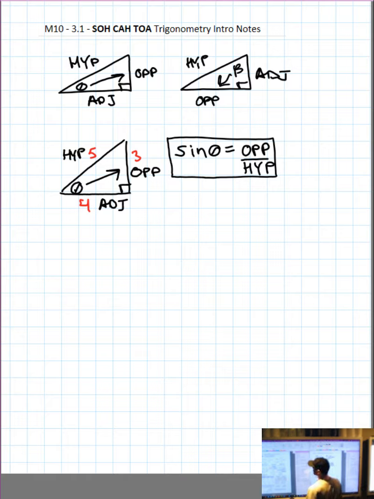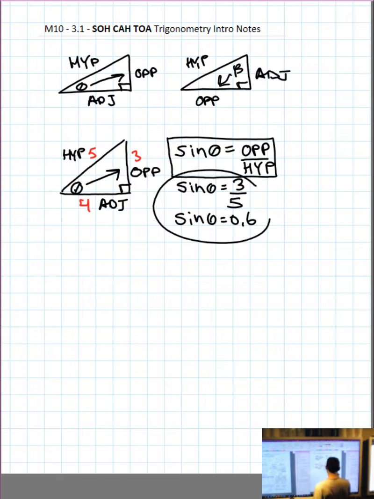Think about that. So, some people write it as O over H, like I've done in the notes. Sine theta is equal to, so what is the opposite? Well, in the diagram, the opposite is 3, and the hypotenuse is 5. Now, some people turn that into a decimal. Sine theta equals 0.6.